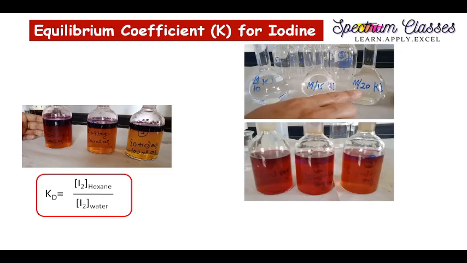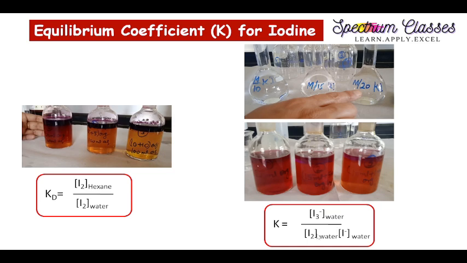Now coming to the point of how this reaction comes. I2 plus I minus gives you I3 minus, right? In this case we have taken only water, but here we have taken different concentrations of KI as well as different concentrations of iodine. That is why we have an equilibrium in the aqueous layer, which gives the equation I2 plus I minus, which comes from this KI, and that forms the I3 minus complex.